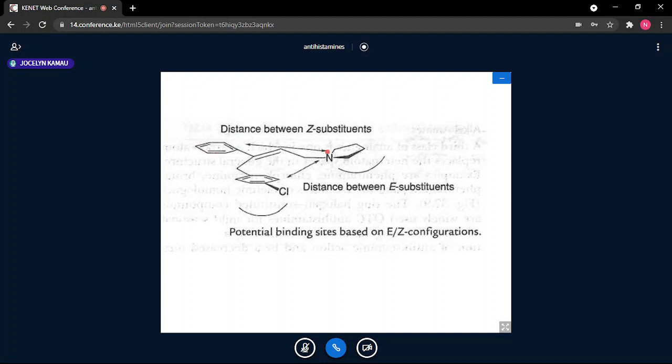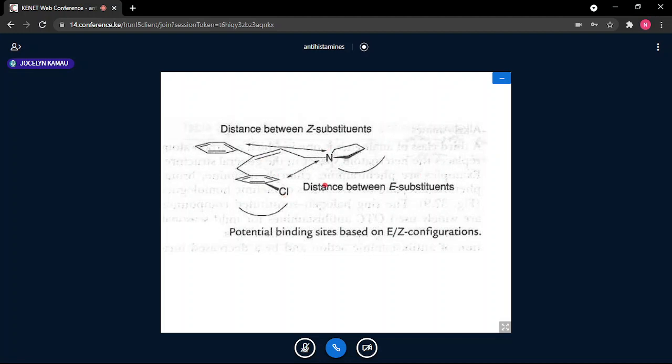And if these two big rings are on the same side for pyrobutamine, when you have the Z isomer, because of the repulsion forces, it will require these rings to be very far from each other. For the other isomer, when this and this are on the same side, the distance is smaller. So all we are saying is that the distance must be maintained.